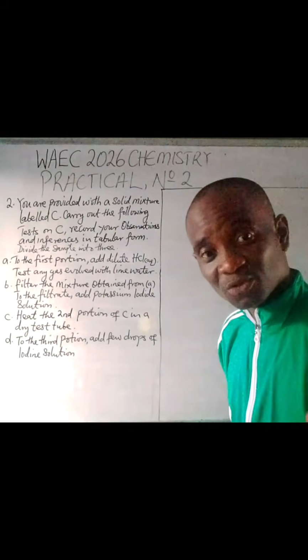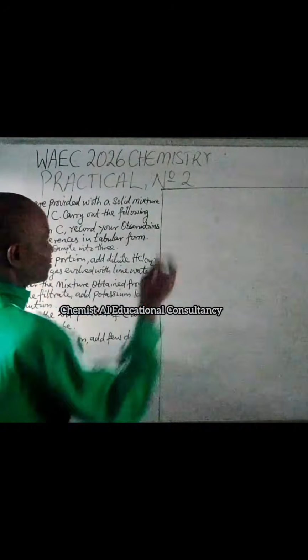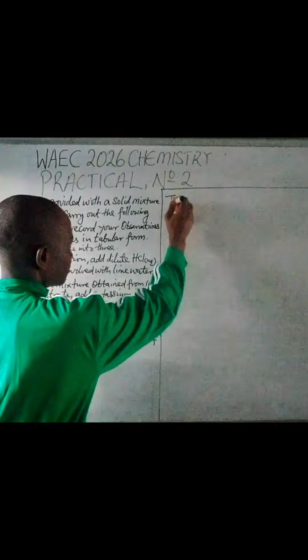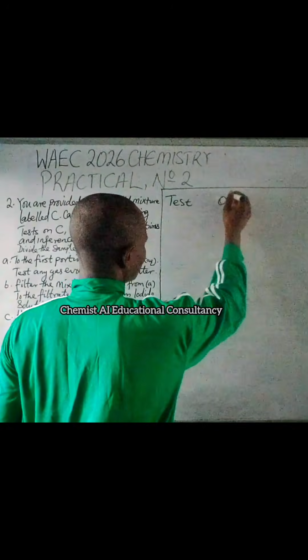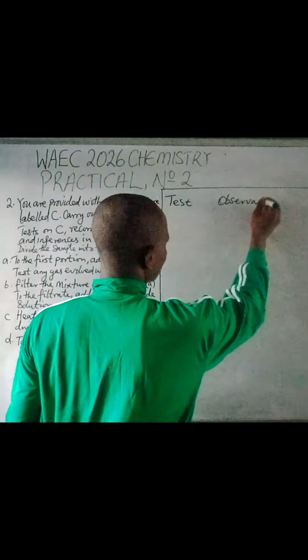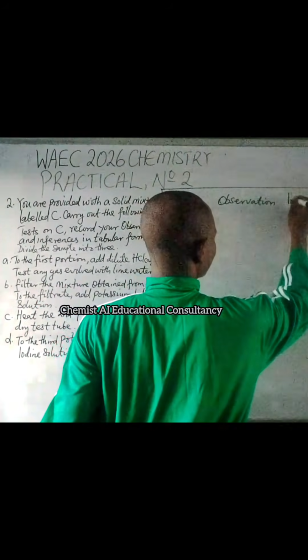So what you are required to do is to make a table. It says carry out the following tests. You write tests. Record your observations. You write observation. And inferences. You write inference.